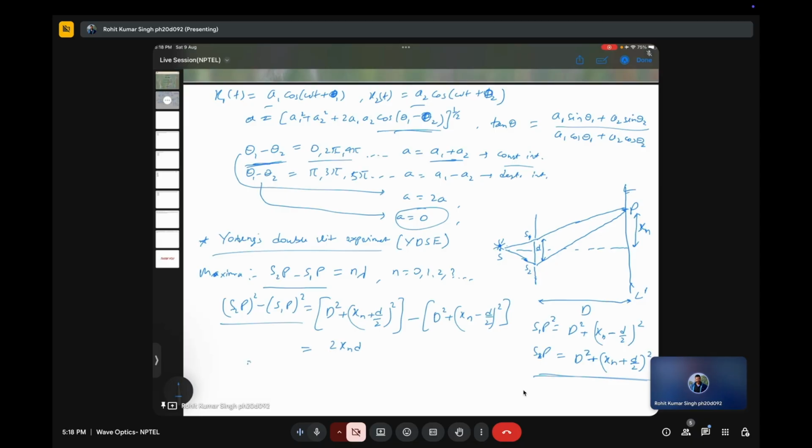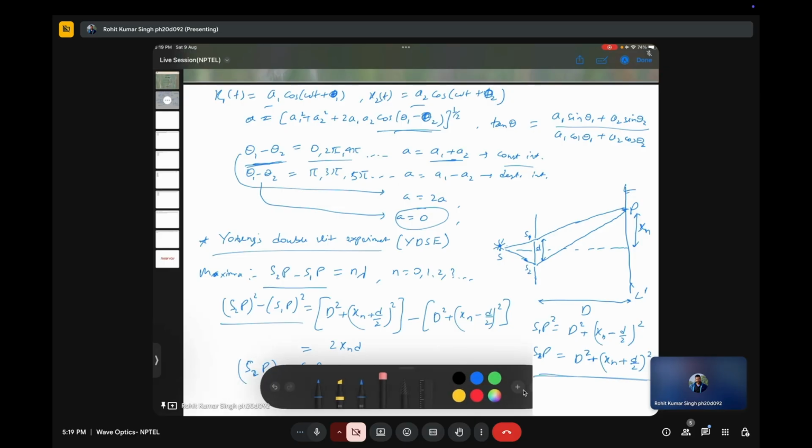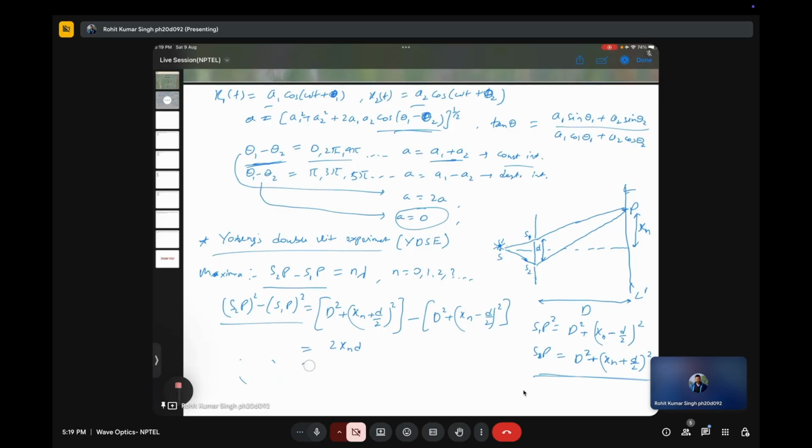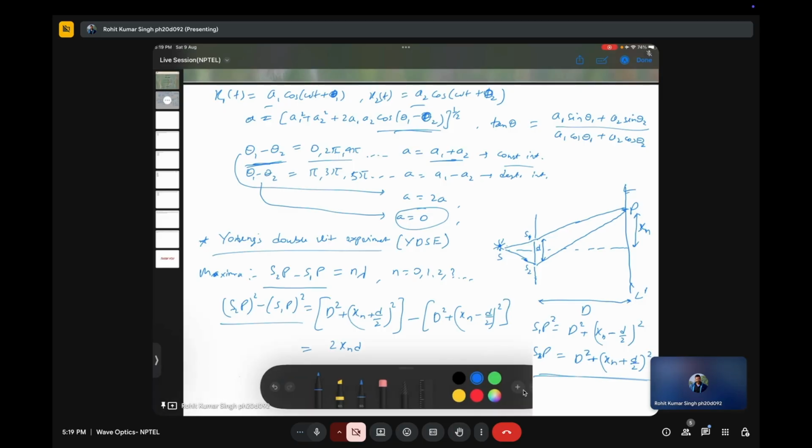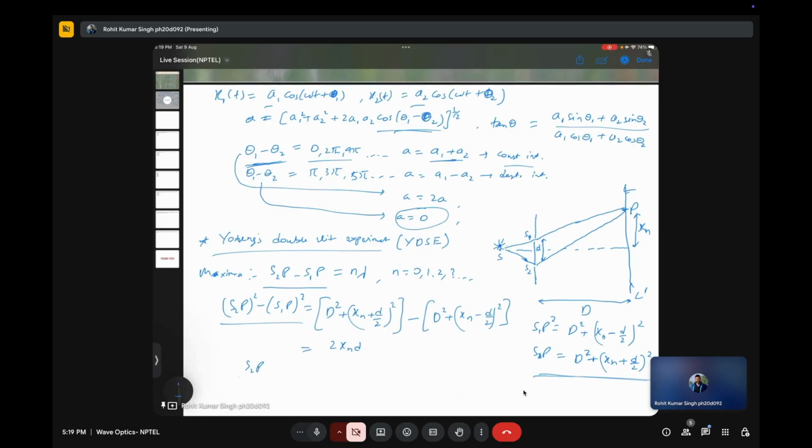But this is the difference of the squares, so you can write S2P minus S1P will be equal to 2 xn d divided by S2P plus S1P, right?